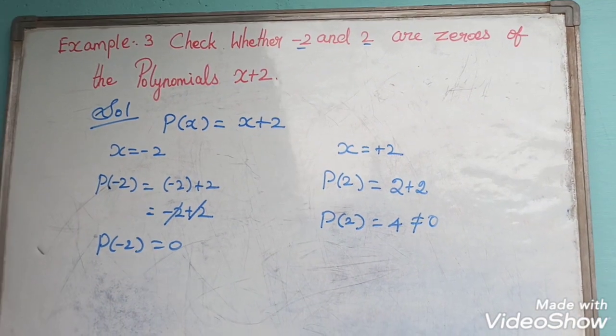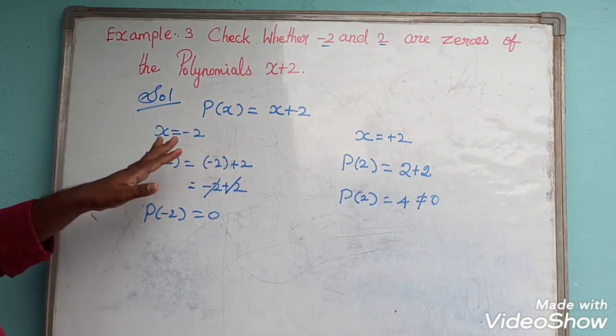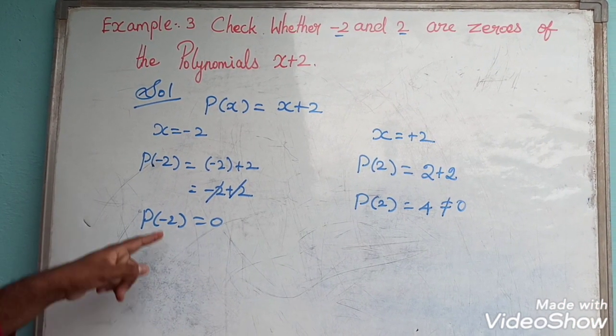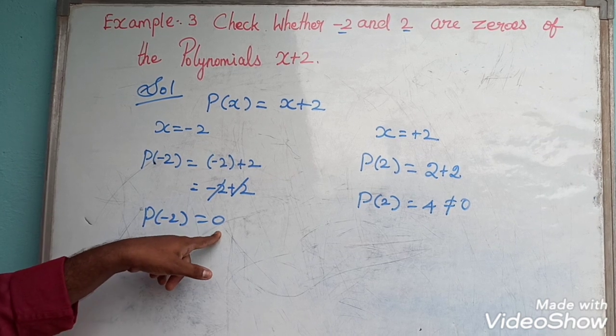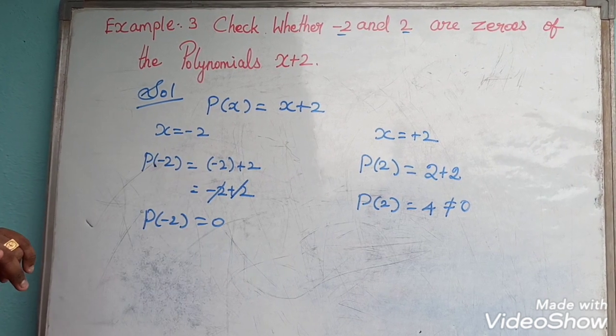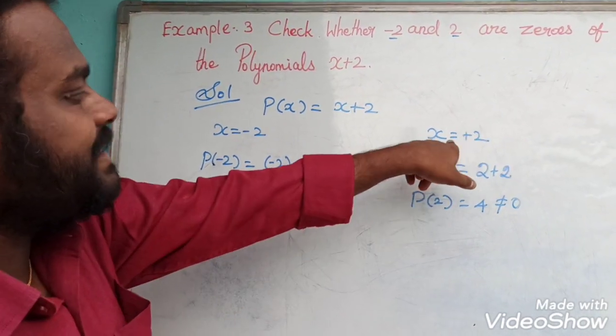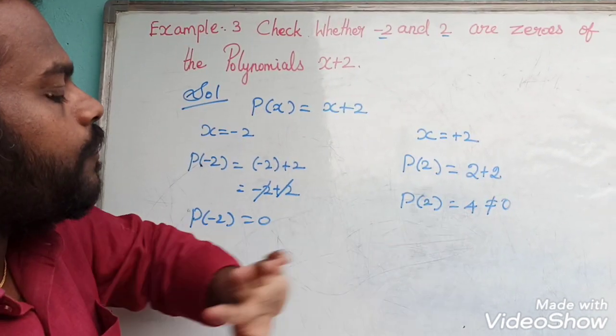Already I told you, zeros of the polynomial means p of x becomes 0. Here p of x becomes 0 when we substitute minus 2 instead of x. Here p of x is not equal to 0 when x equal to 2. It becomes 4 only.